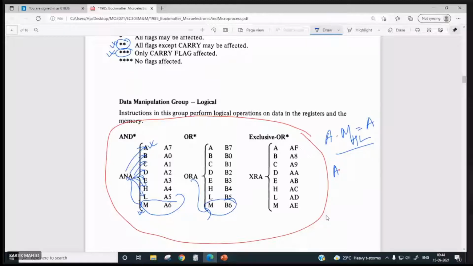Then XRA, A XOR with M(HL), and the result will be stored in the accumulator.